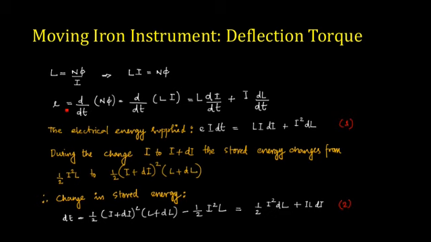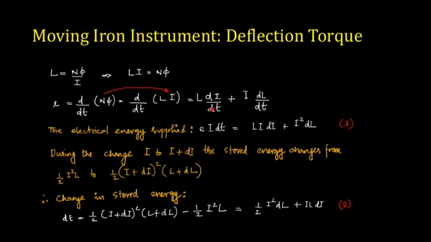Now the EMF that is induced in this particular coil, the general equation for this is the derivative d by dt of N phi. You substitute for N phi as L into I, and you will get this as d by dt of Li.